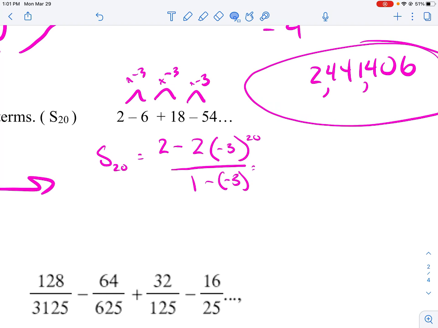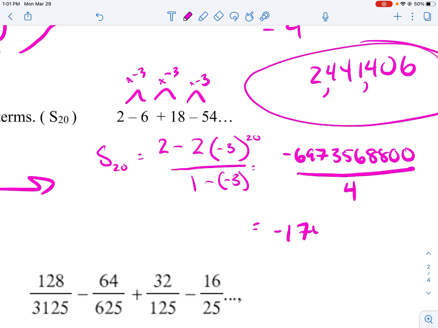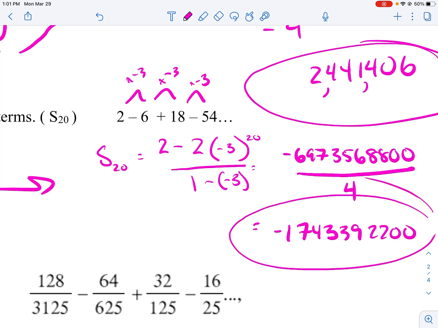So up here, we get a negative 6,973,568,800, all over 4. Whoops, hit the wrong button. Divided by 4, and our answer is -17,433,922,200.